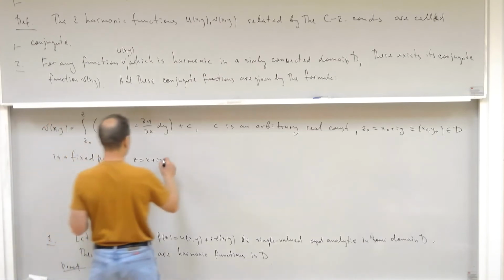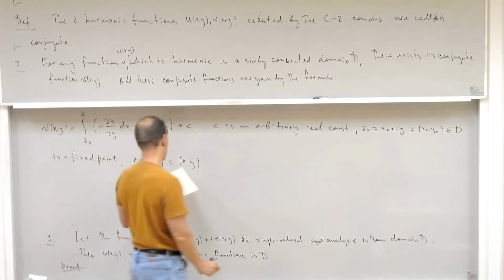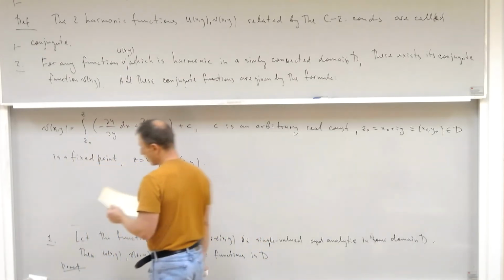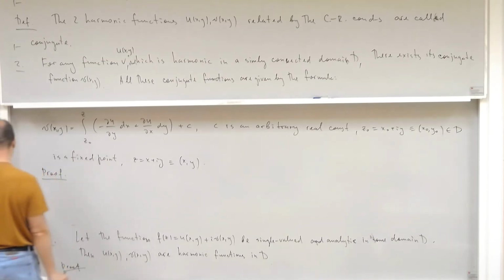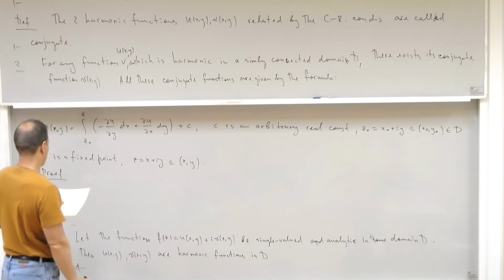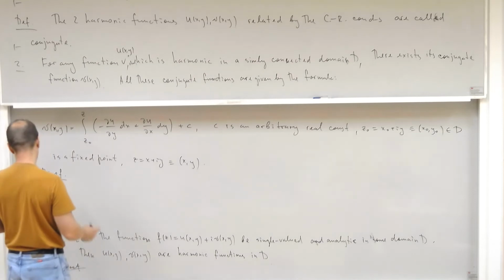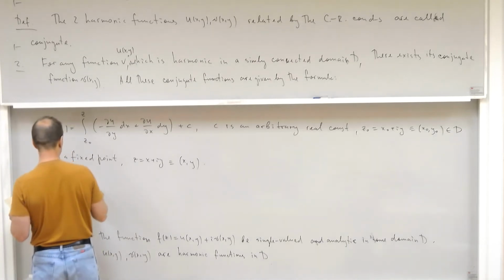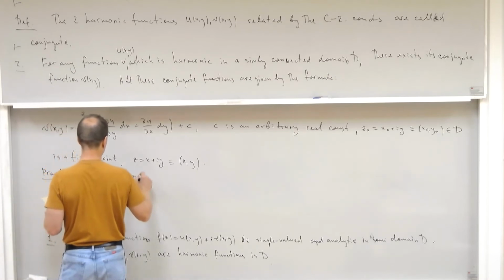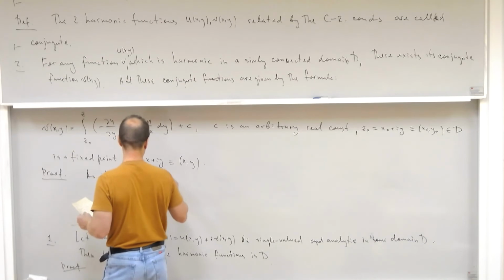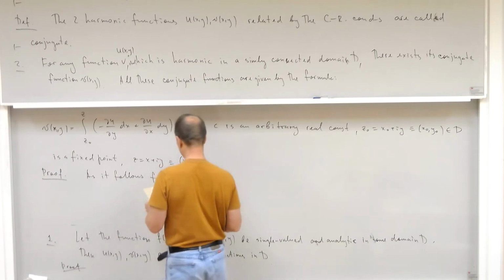Such a number z0 belongs to D, the fixed point. And z can be represented in terms of complex numbers, or it is just a pair x, y.